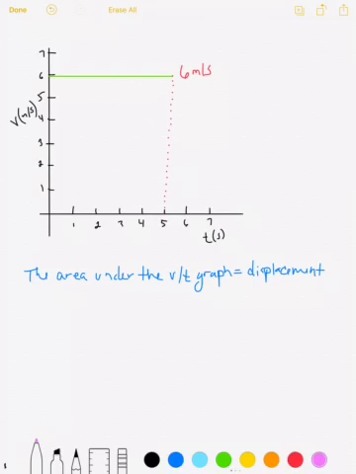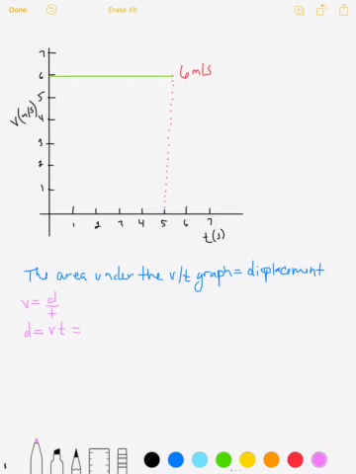So in a physics problem, you'd find the displacement by taking our velocity equation and solving it for displacement. So you'd have displacement equals velocity times time.